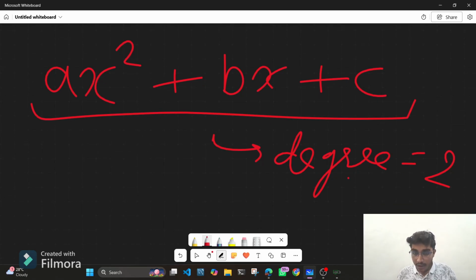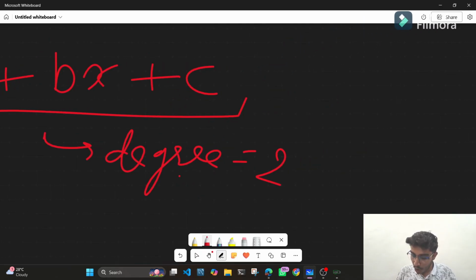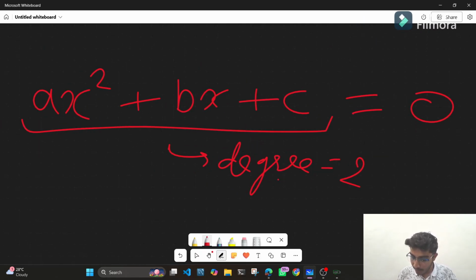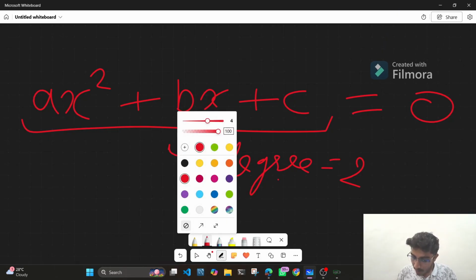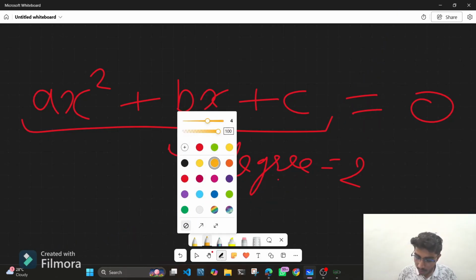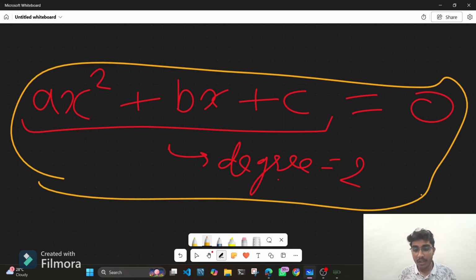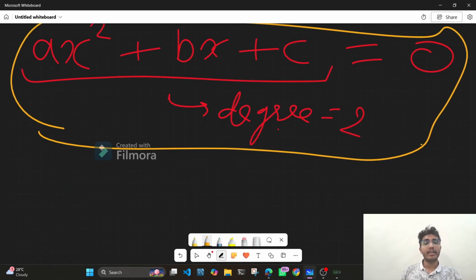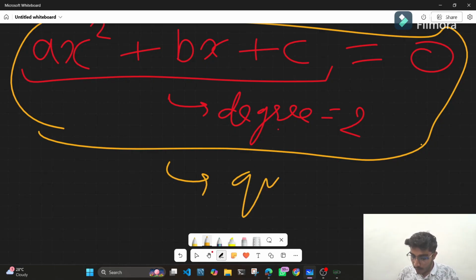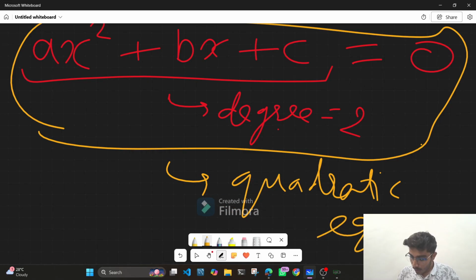What if we equate this polynomial with 0? Then this whole thing becomes a quadratic equation. So basically, if we equate a degree 2 polynomial with 0, then it becomes a quadratic equation.